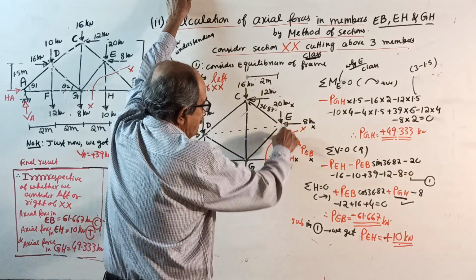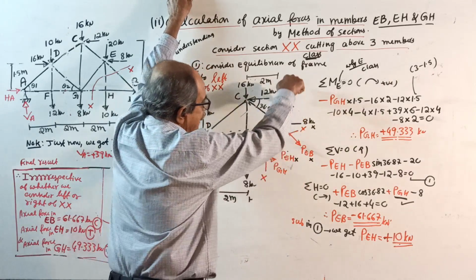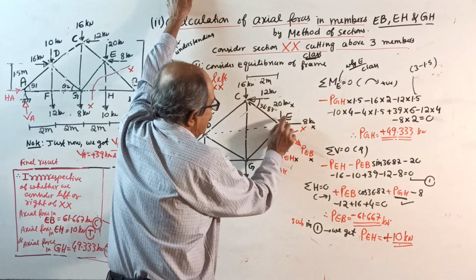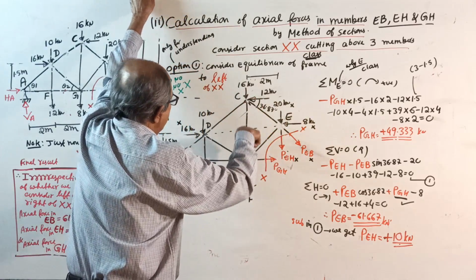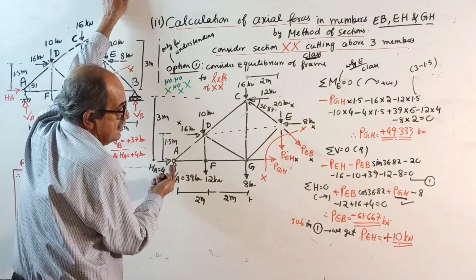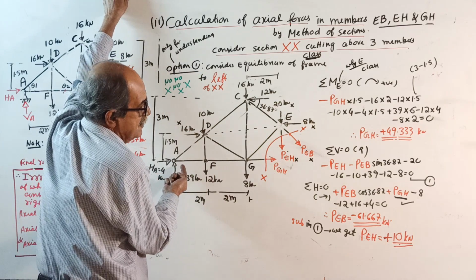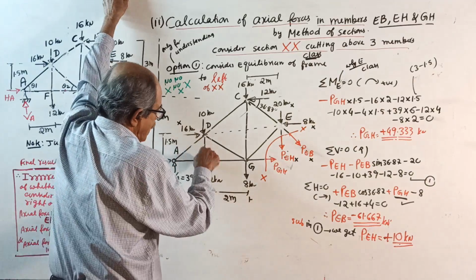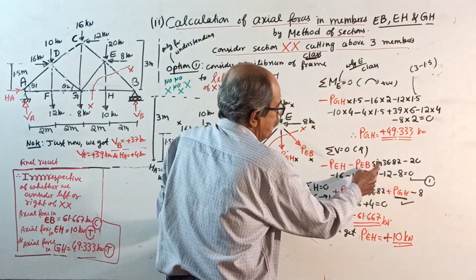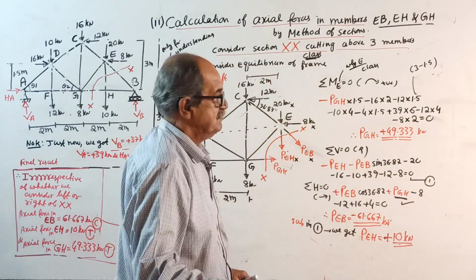Sigma V equal to 0, take upward positive. Minus PEH, minus PEB sin 36.87, minus 20, minus 16, minus 10, plus 39, minus 12, minus 8 equal to 0. Both are unknowns. Let it be equation number 1.